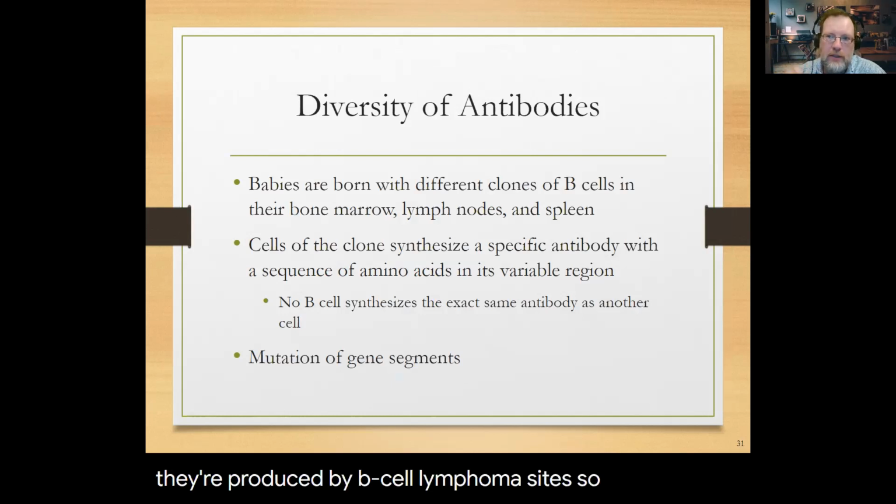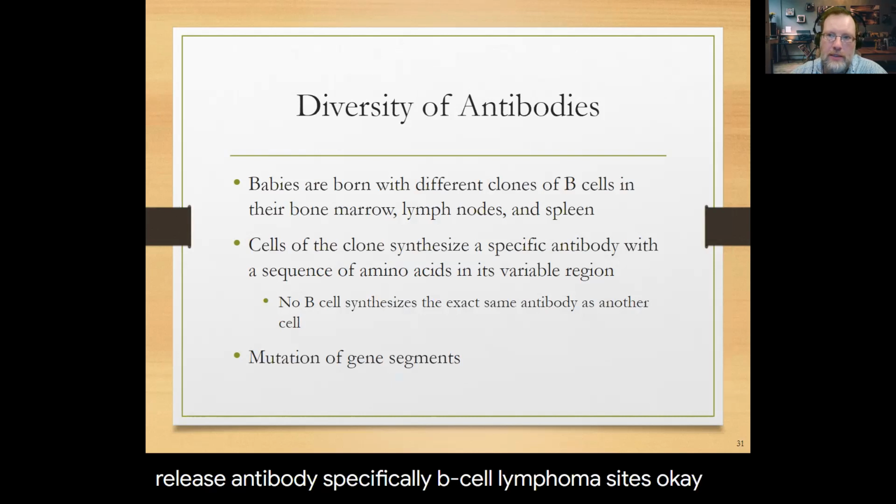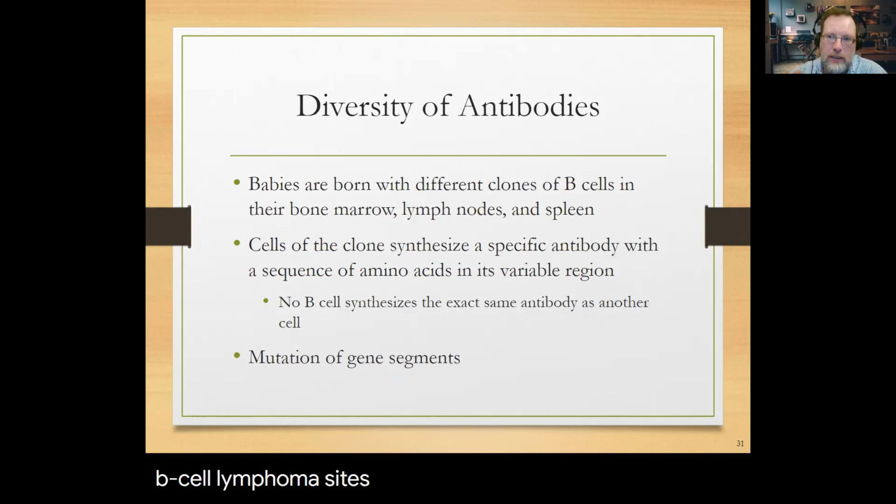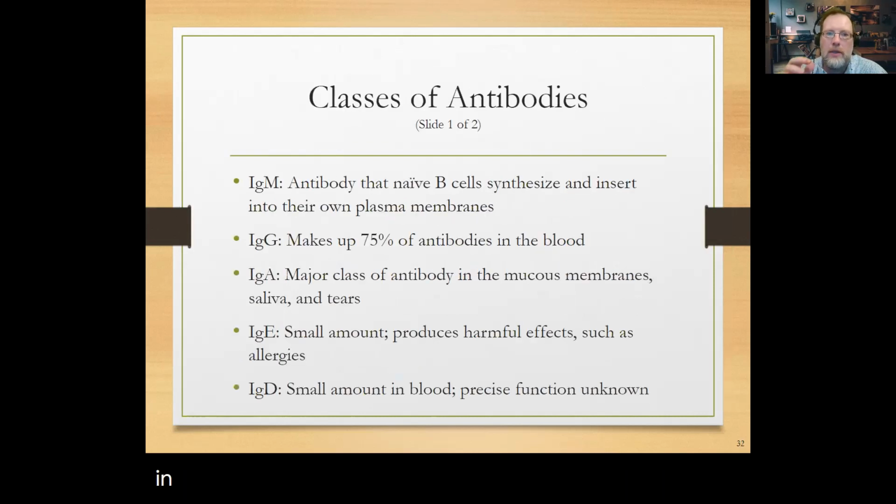So lymphocytes release antibodies, specifically B cell lymphocytes. Antibodies come in different letters: A, D, E, G, M. These are immunoglobulins. The bulk of immunoglobulins that are produced and released by B cell lymphocytes are IgG.